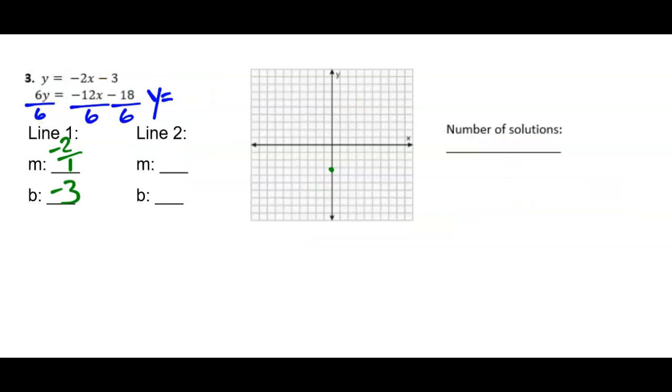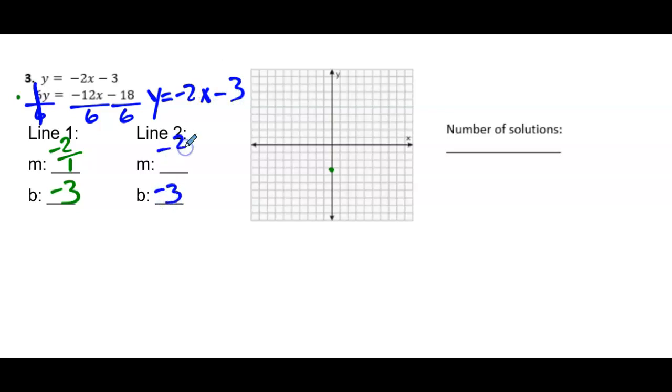Okay, I'm hoping you noticed this was not y equals, and that we needed to divide everybody by 6 to get rid of that 6. -12 divided by 6 is -2x. -18 divided by 6 is, hopefully you said -3, which will make that my b.